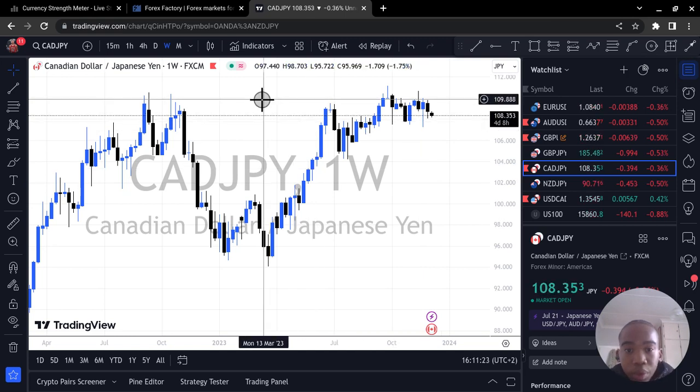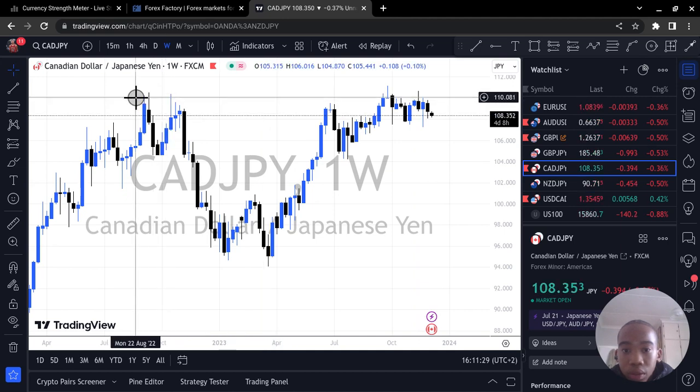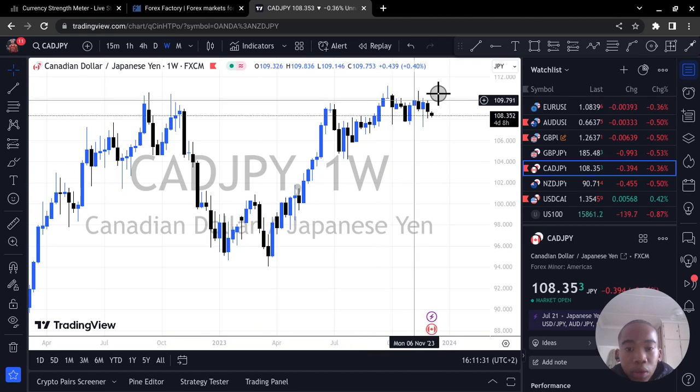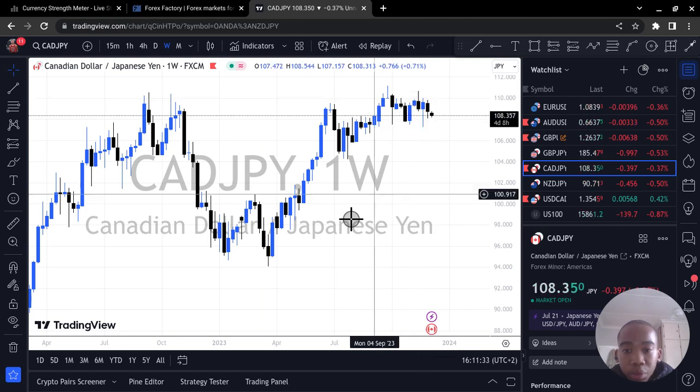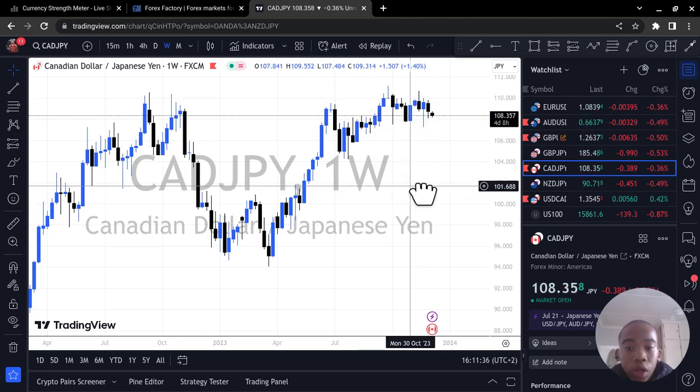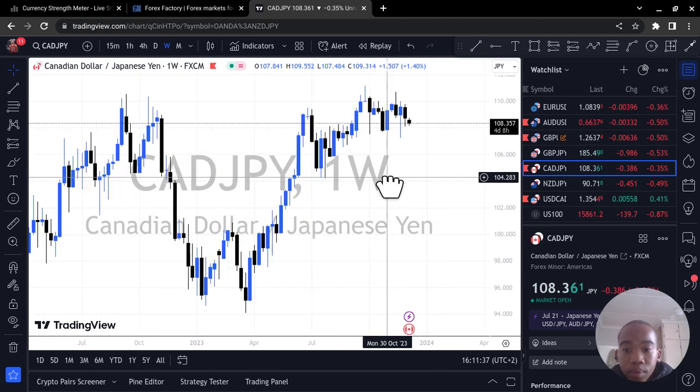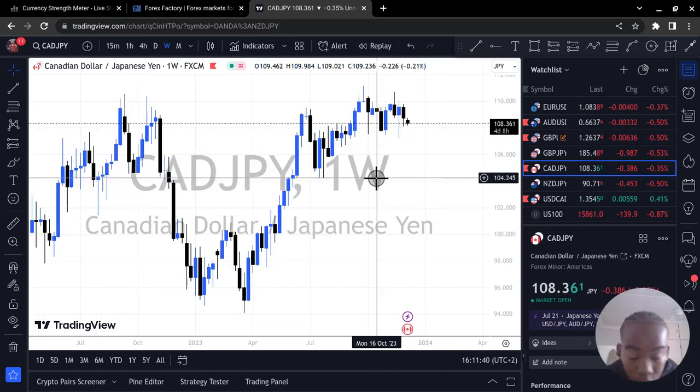This would be more important though. As you can see, we're at a huge resistance right here, and it caused the market to head down a bit, but I do think we're in an uptrend. But I have to look at both sides, right? You have to see if you are a buyer and if you are a seller.